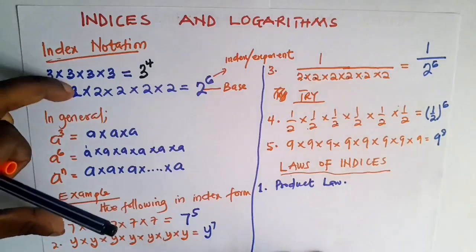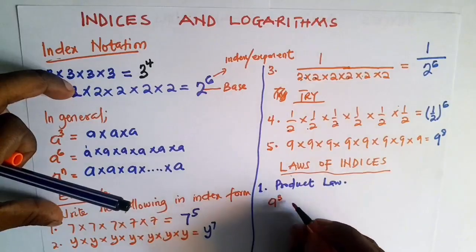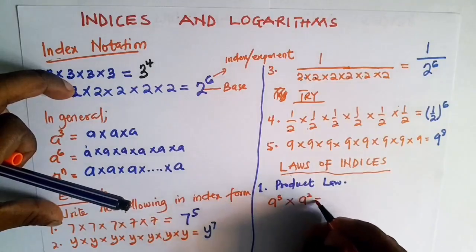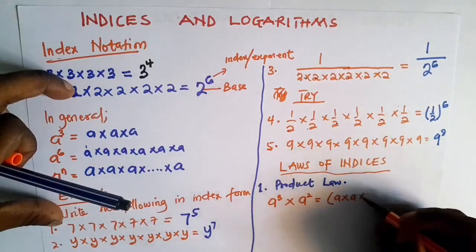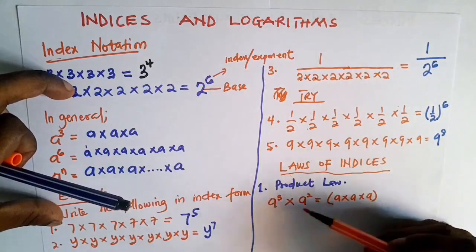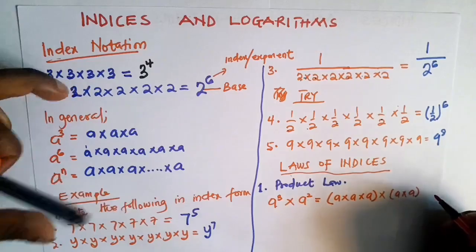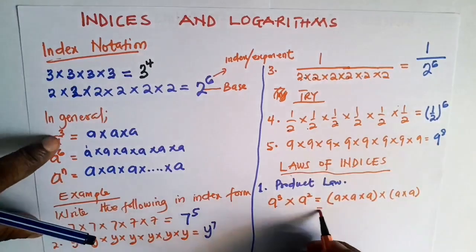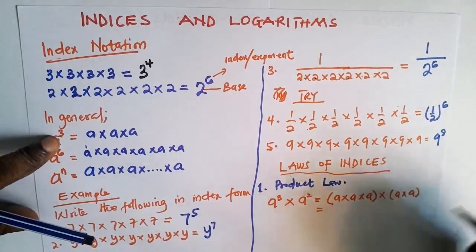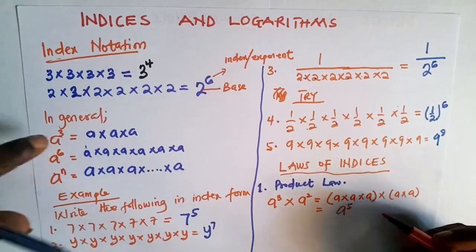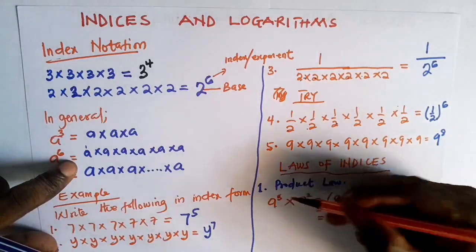We shouldn't forget that if you have a power 3 by a power 2, this can be written as a by a by a for the first index, and then a by a for the second. When you put all together and count the number of a's, we have 1, 2, 3, 4, 5, and that gives us a power 5, which is simply when you add 3 and 2, that also gives you 5.